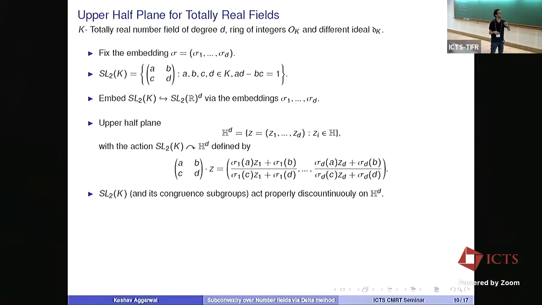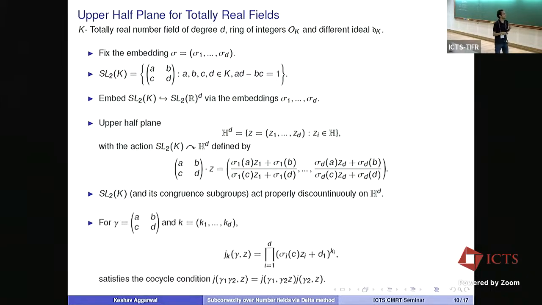So this is the group action. You can prove it acts properly discontinuously. You can therefore have a fundamental domain, and you can talk about holomorphic cusp forms and Maass forms on that particular Riemann surface. You also have this J invariant over here that also satisfies the cocycle condition, as would happen in the case of rational numbers.